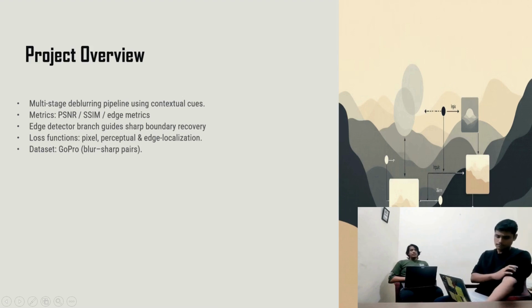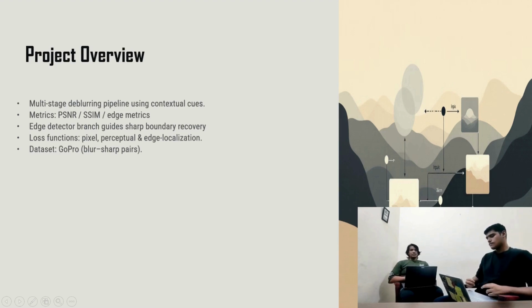So basically what we will be doing is trying to preserve the edges of the images and make the images sharper, for these CCTV footages especially. The dataset training uses realistic blur-sharp pairs.